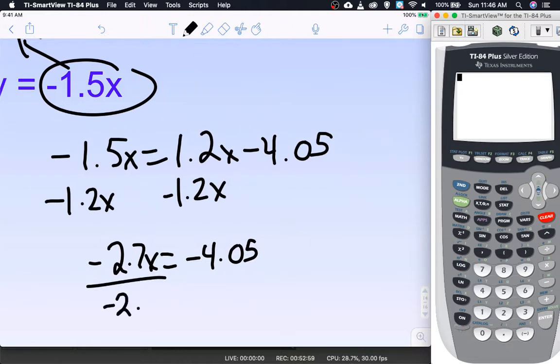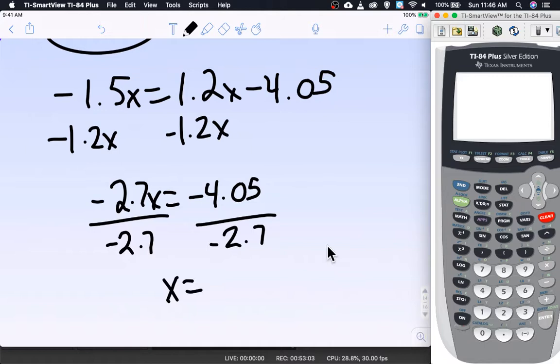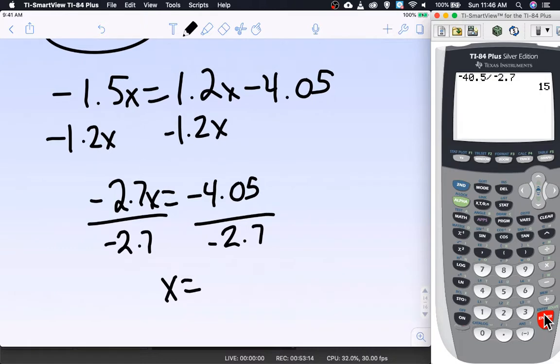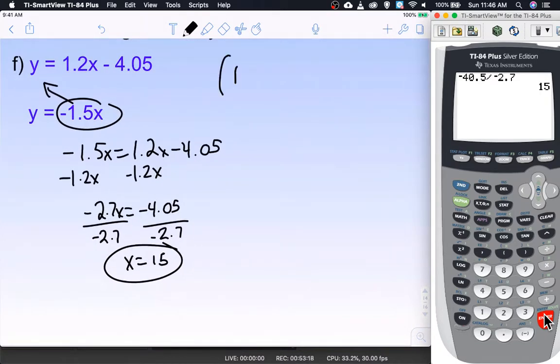Divide by negative 2.7, divide by negative 2.7, and x equals negative 40.5 divided by negative 2.7. So you're allowed to kind of keep your decimals. You don't have to get rid of them, but a lot of times it's easier. My x value is 15.